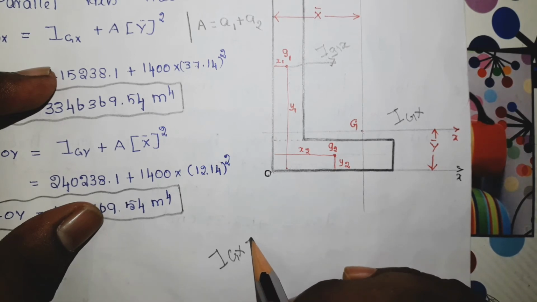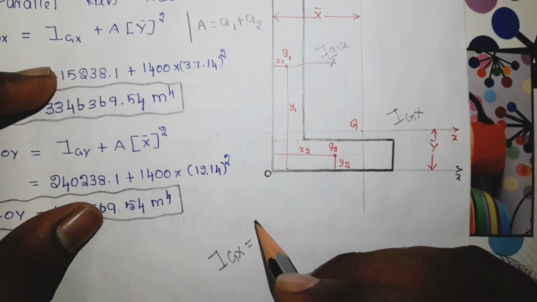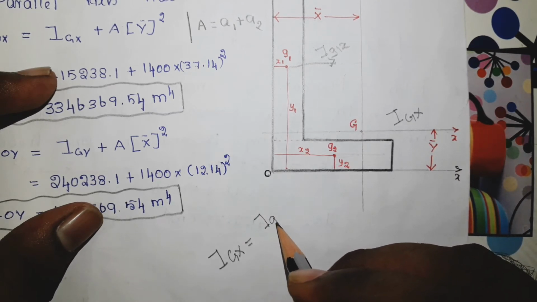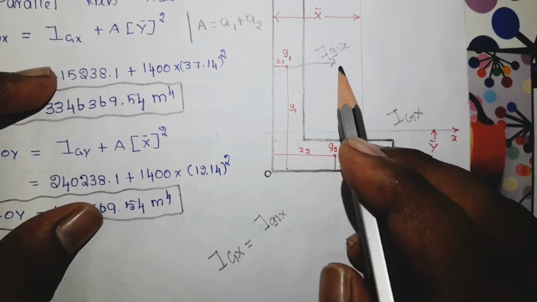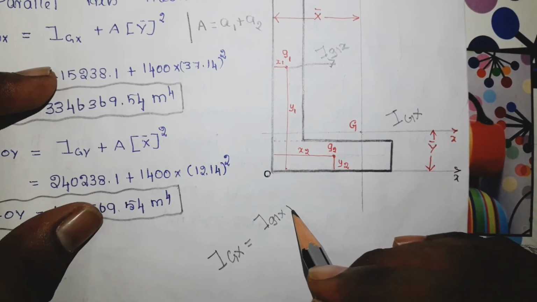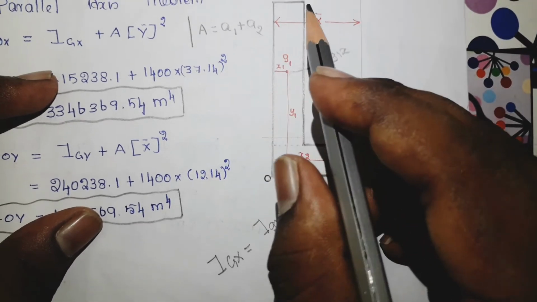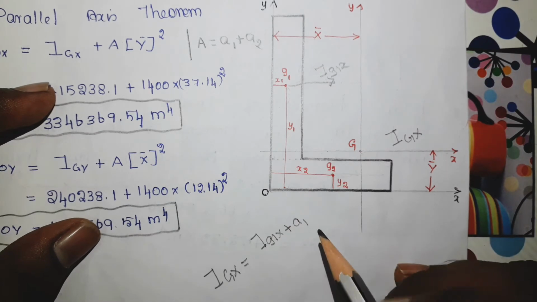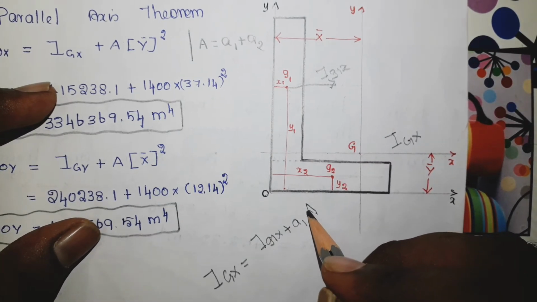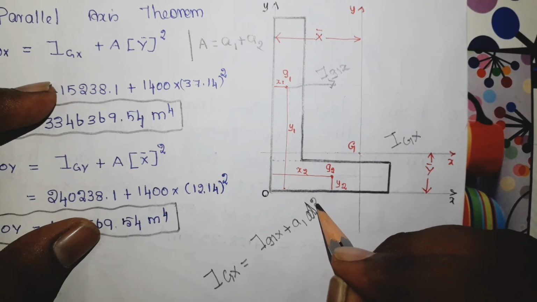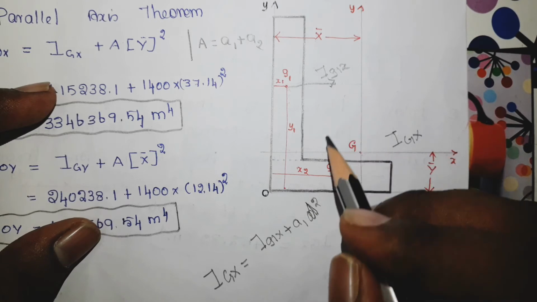I g x, the moment of inertia with respect to this axis, is equal to I g1 x, the moment of inertia with respect to this axis, plus a1, the area of this rectangle, times the distance d squared. Distance means the distance between this axis and this axis.